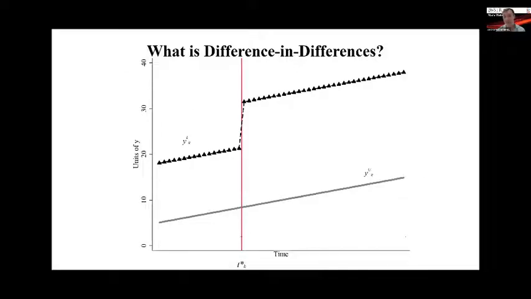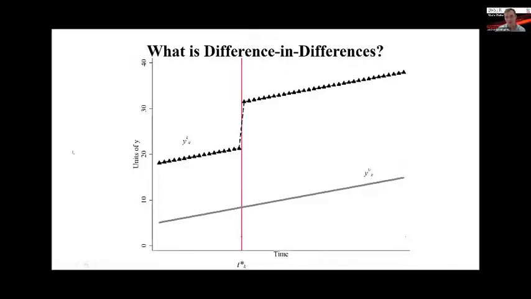So the idea of difference in differences is that you compare the difference in outcomes over time for units that become treated to units that don't become treated. That's difference one: what happens before and after treatment, between the group that gets the treatment and the group that doesn't. That's difference two, treatment versus control. The simplest way to talk about it is pre-post, treat-control. Those are the two differences, and that's why it's called difference in differences.